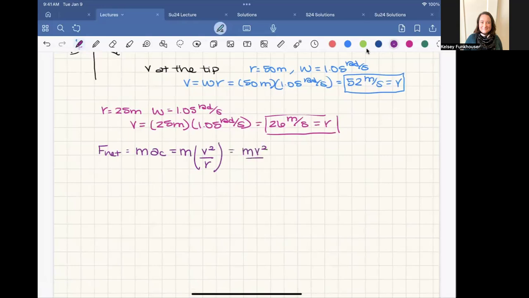We can just go straight to finding the centripetal force or the net force. So we have 5 kilograms. Let's see, we're on the tip. So 52 meters per second squared divided by 50 meters as the distance. So let's see, 5 times 52 squared divided by 50 gives us a net force of 270 newtons toward the center.